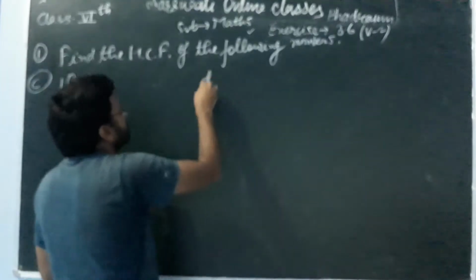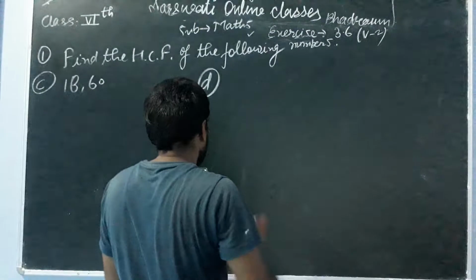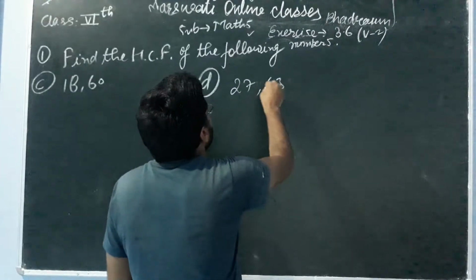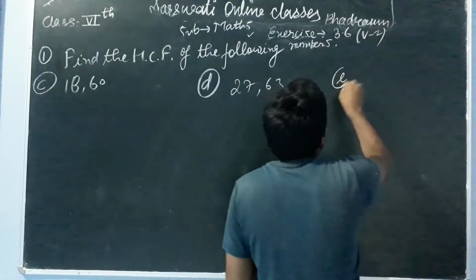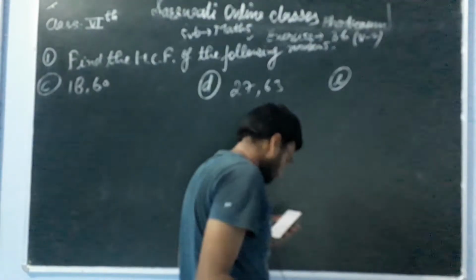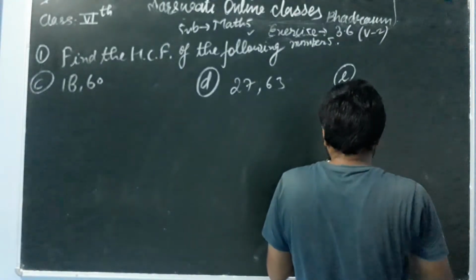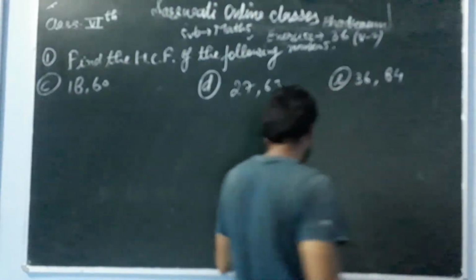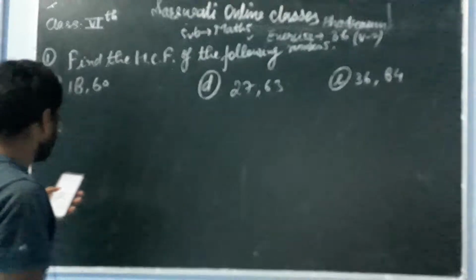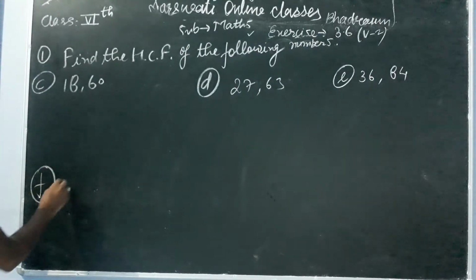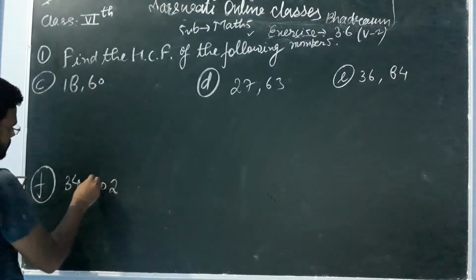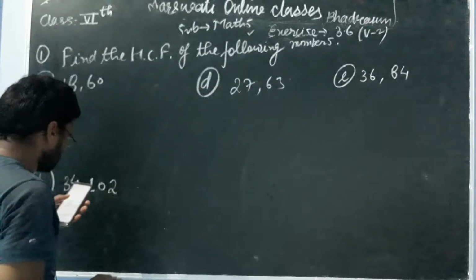And part D is what? Part D is 27 and 63. Part E is 36 and 84. Part F is 34 and 102.